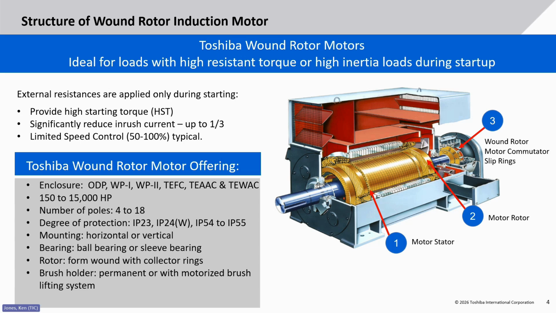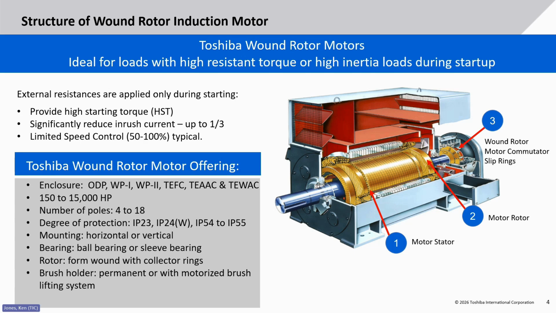The motor we have on the screen is Toshiba's design, and it can be manufactured in any enclosure that you require, from 150 to 15,000 horsepower, and from 4 to 18 poles, with an IP55 capability.